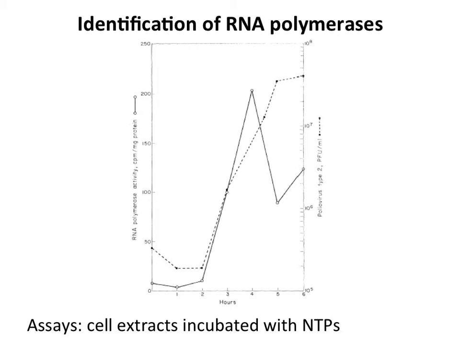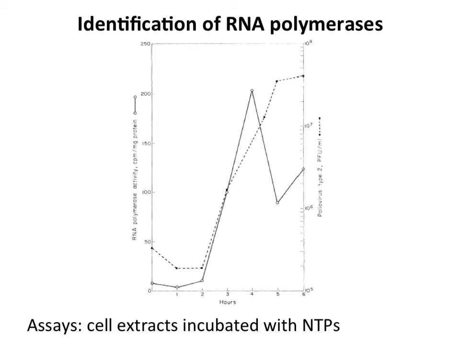So you break the cells open and make an extract. Get rid of the nuclei, so you don't want those. And then you add a radioactive precursor. You add one of the 4 triphosphates, which has an isotopic label so you can measure it. And then you measure the incorporation of this label into RNA, which is shown here.